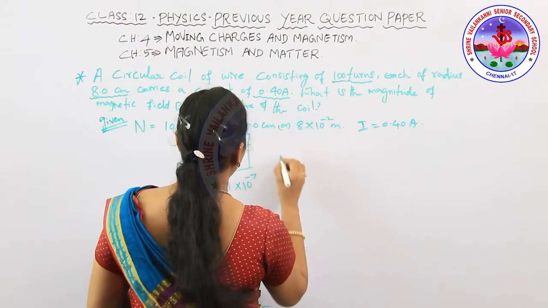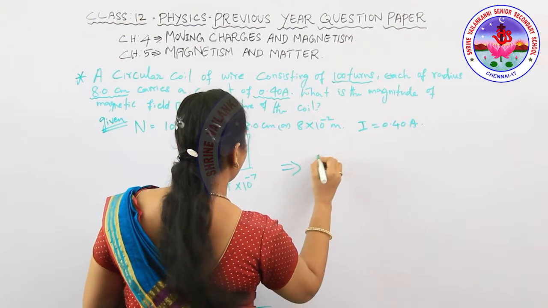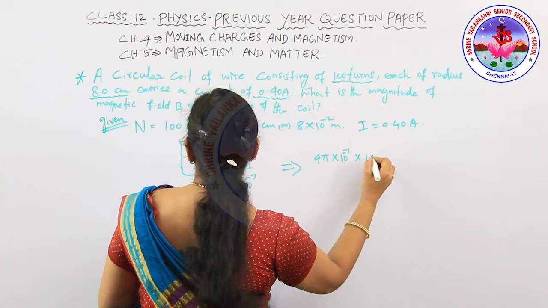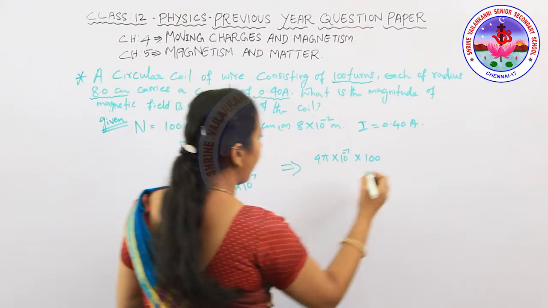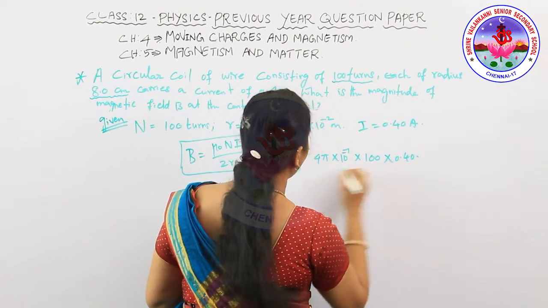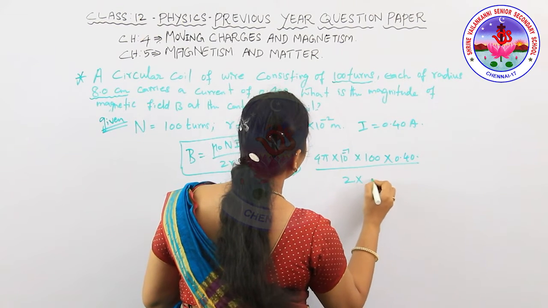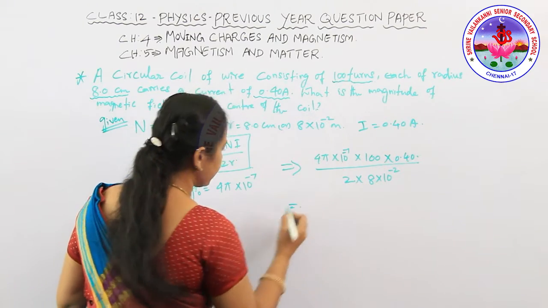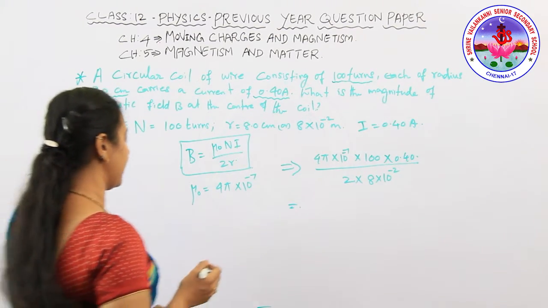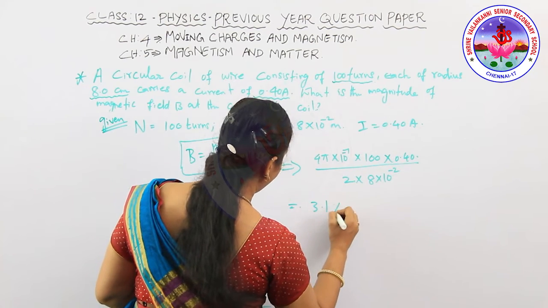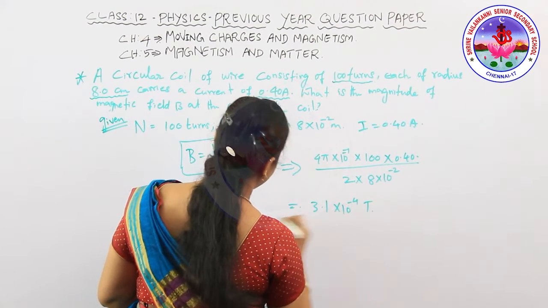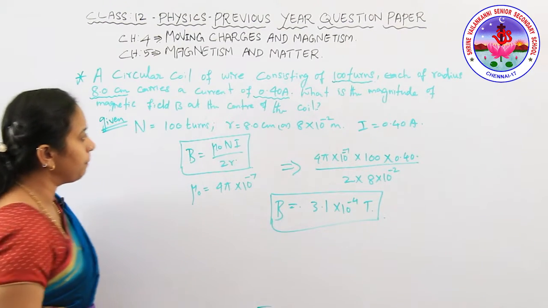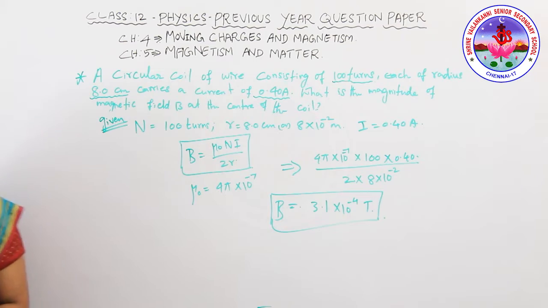So by applying the values, you will get 4 pi into 10 power minus 7 into 100 turns, I value which is equal to 0.40, whole divided by 2 into 8 into 10 power minus 2. By simplifying this, you will get 3.1 into 10 power minus 4 Tesla. So this is the magnitude of the magnetic field B at the center of the coil.